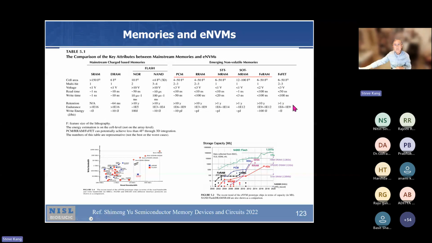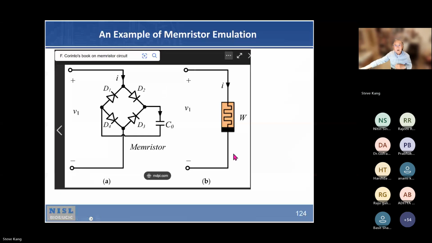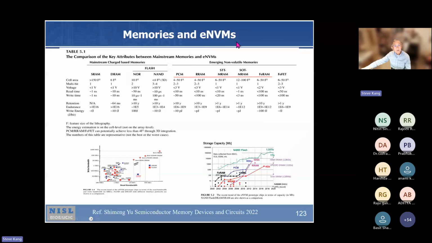Memories and, let's see. Non-volatile memories. So comparison of key attributes between mainstream memories and non-volatile memories.